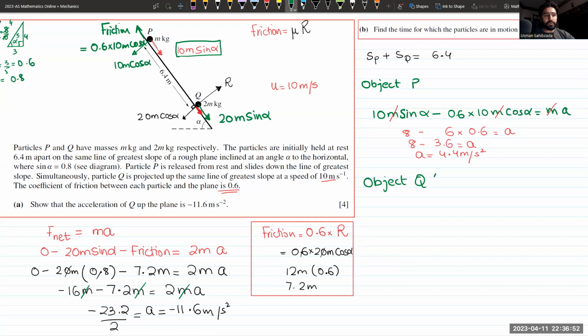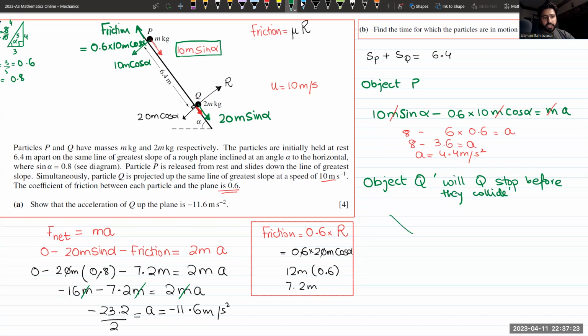You have to question yourself: will Q stop before they collide? This is a question you have to ask yourself. Will Q come to a stop before they collide? If that happens, then it's a whole different story.